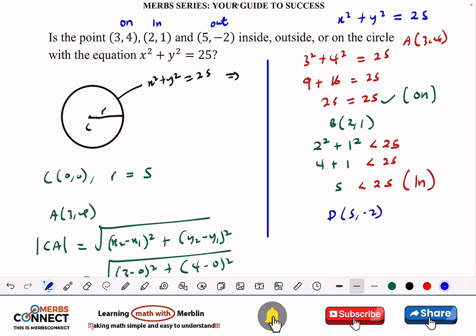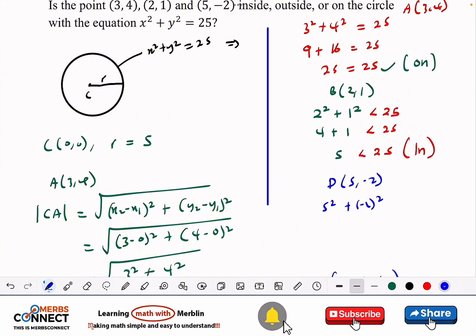Plug them in. 5 squared plus negative 2 squared is going to give us 25 plus 4, and this is going to give us 29. And we see that this is greater than 25. So we are going to say that this is outside.